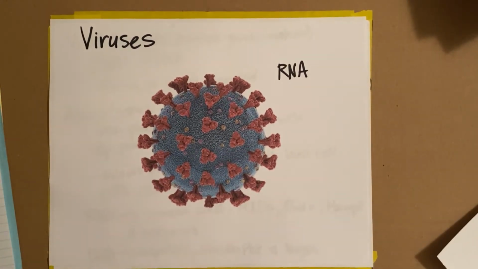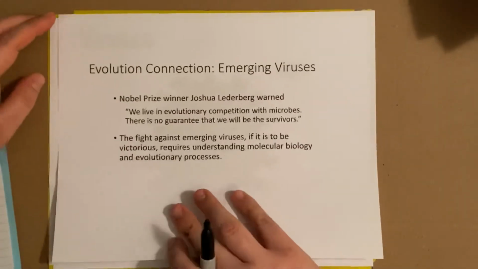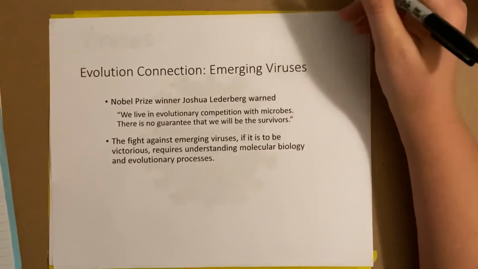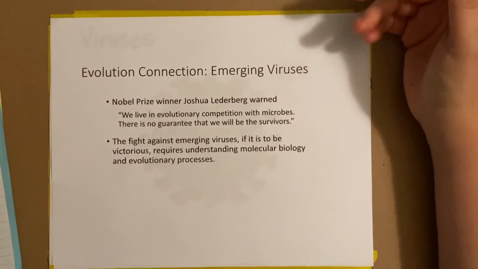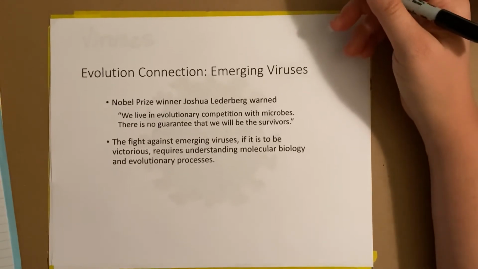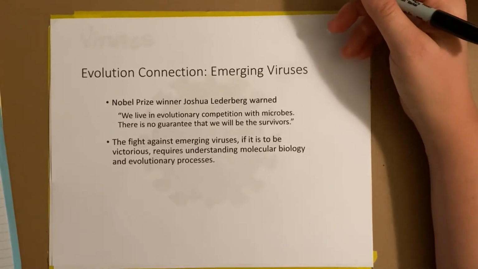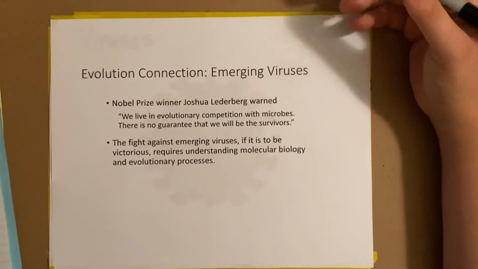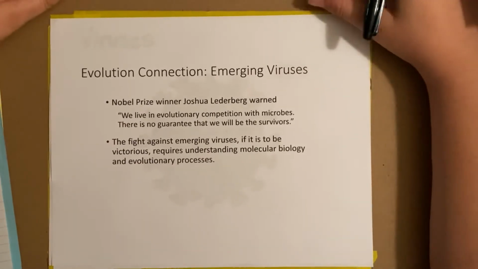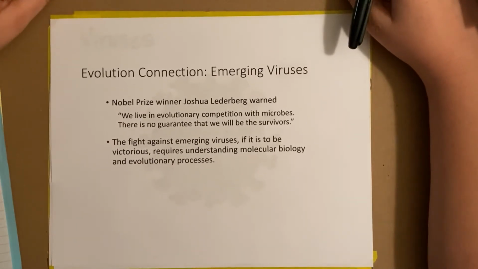Now, it was interesting, if you have the textbook that goes with this class, they have an evolution connection about emerging viruses. This was obviously made way before the coronavirus hit, but they talk about how emerging viruses are something that, as a human population, we're going to have to deal with more and more often.